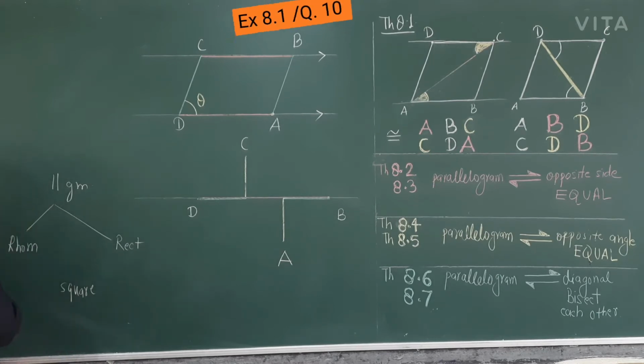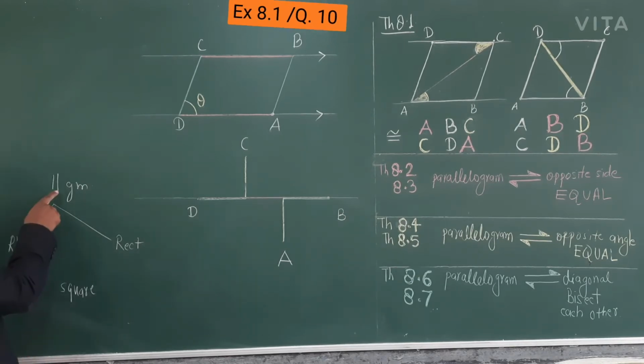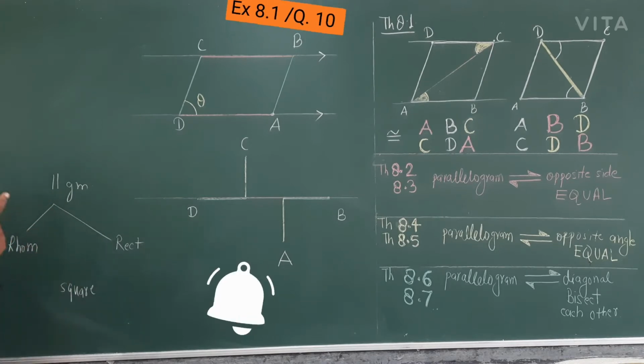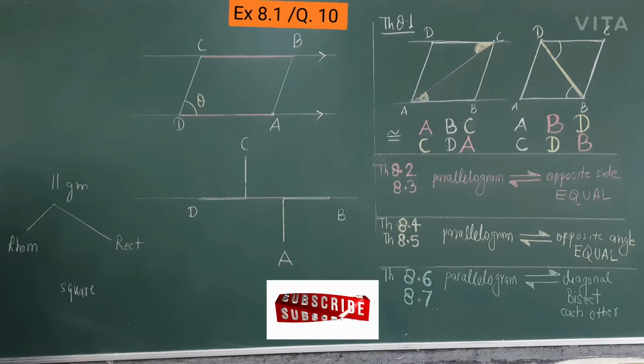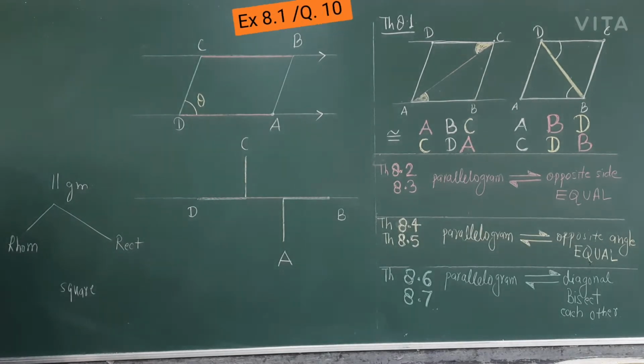To make or fix any parallelogram, just like in a triangle, to make any triangle you should know three pieces of information, and out of those at least one should be a side.